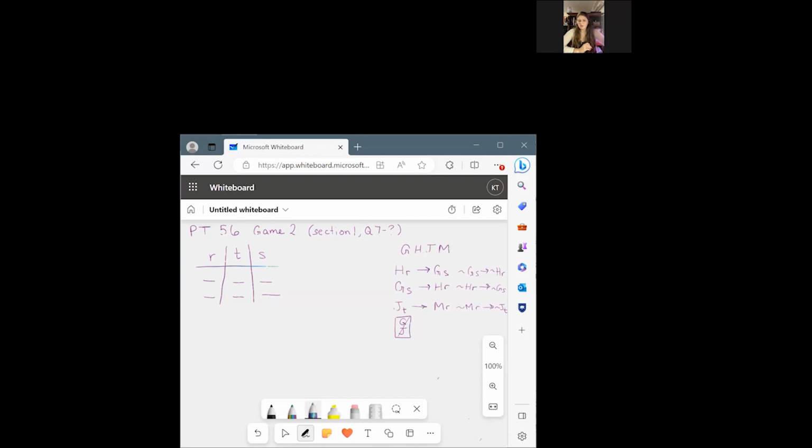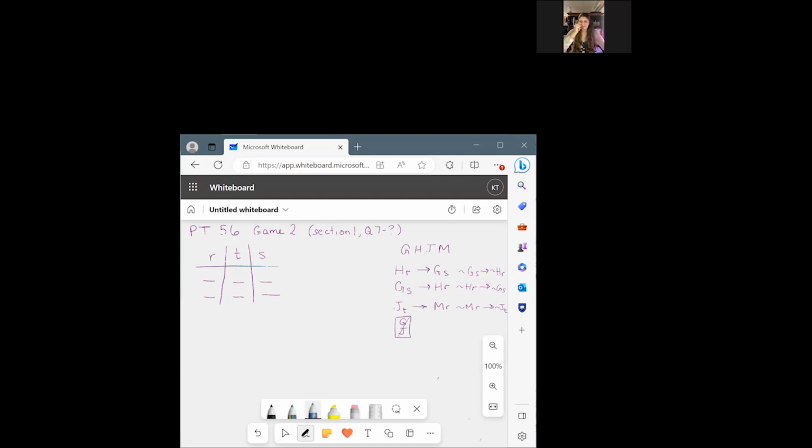Yes, cool. Okay. So are there any deductions that we can make? I'm seeing some things with the GJ situation. Does anyone see anything?